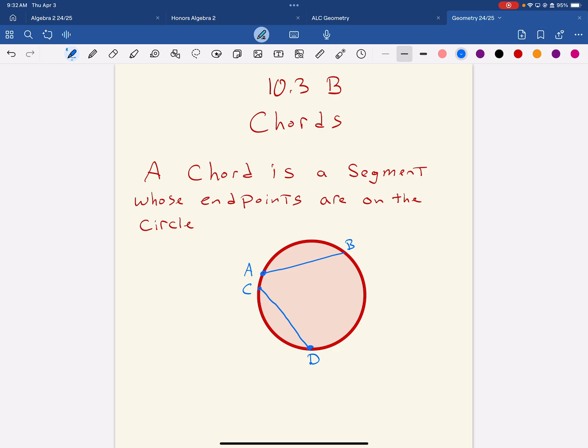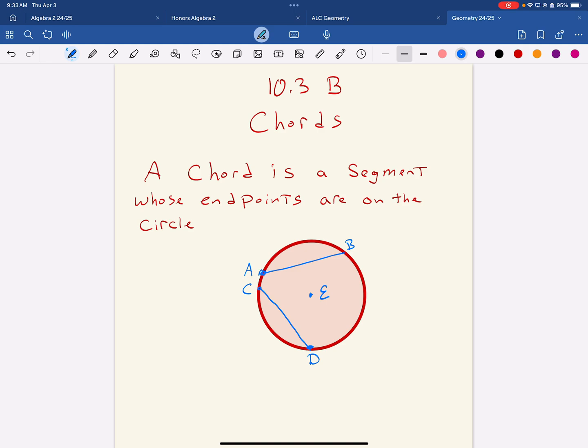But the whole goal today is going to be able to find lengths of segments that are lengths of chords that are within a circle. So we need to know what a chord is. A chord is a segment whose endpoints are on the circle. So if we have this circle, I didn't name this circle, but we'll call this circle E. A and B, A to B, that's a chord.